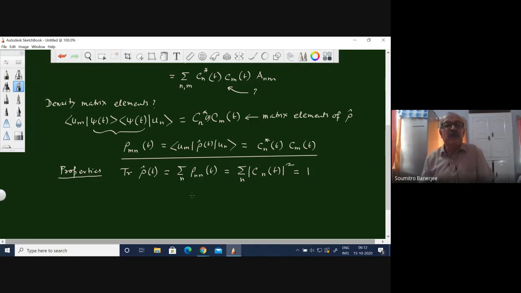So one important point is that the trace of the density matrix is always 1. This is a very important property.